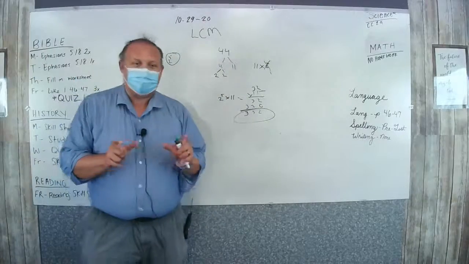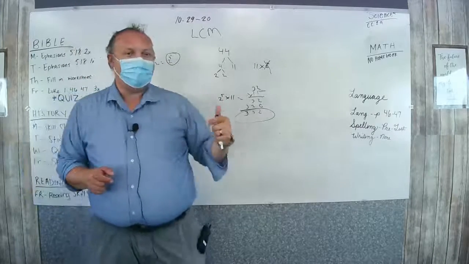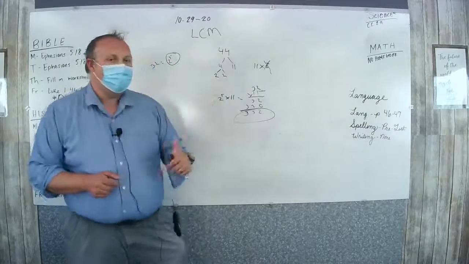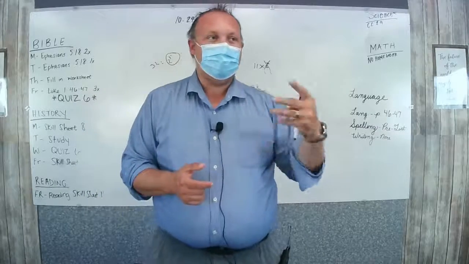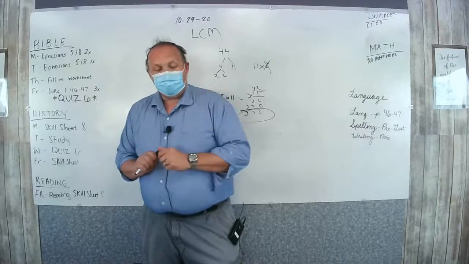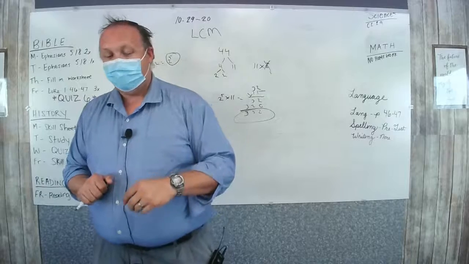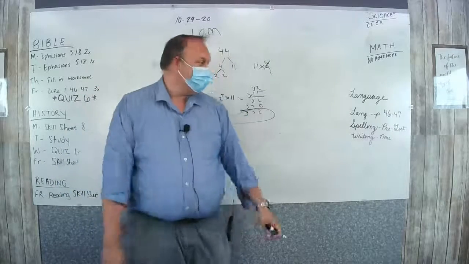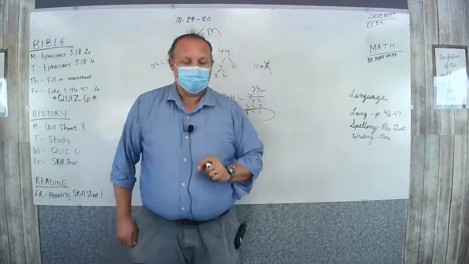So you're going to write your factorization. For 32, you're going to write 2 to the 5th power, or 2 times 2 times 2 times 2 times 2. On the long line next to 44, you're going to write 2 times 2 times 11. And then on that little tiny line, you're going to write 352, because that's the LCM.